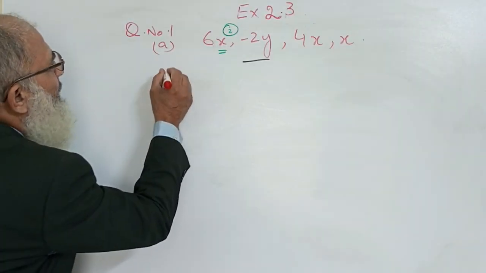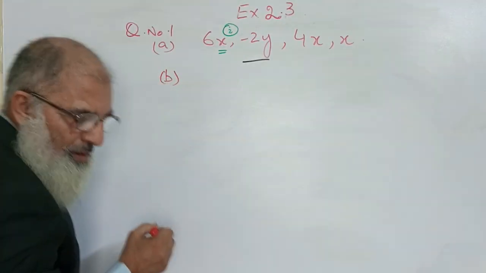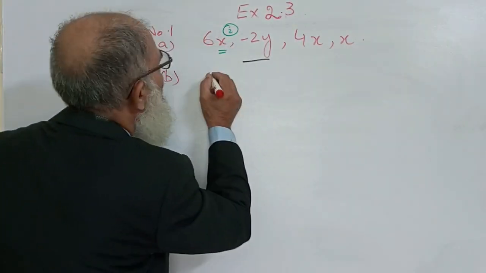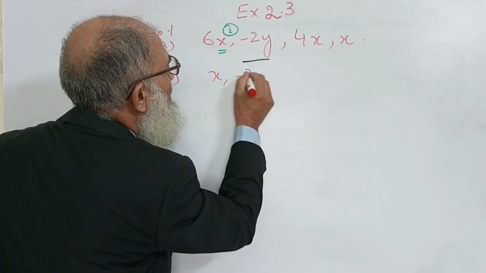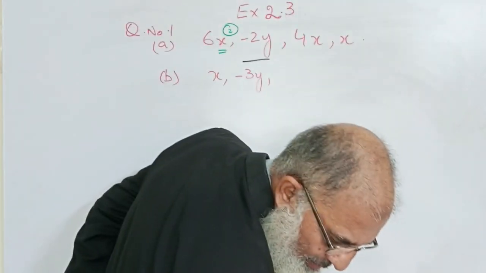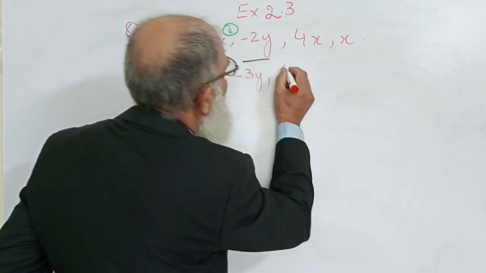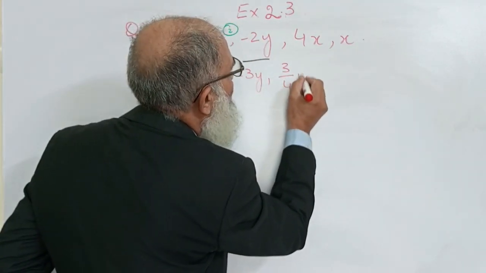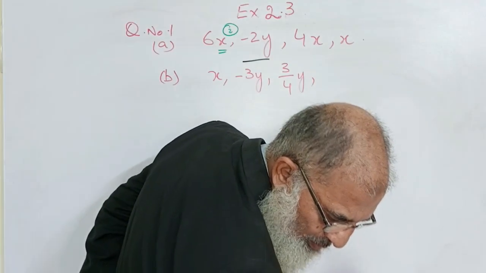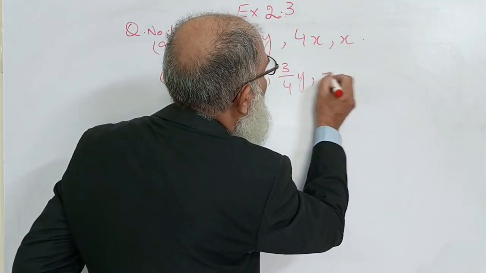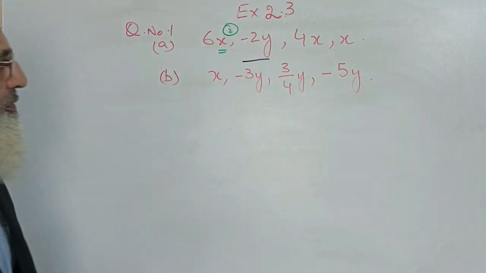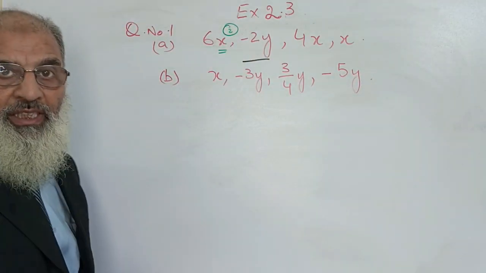Part B of the same is x, minus 3y, 3 by 4y, and then again minus 5y. Now, what are the two things we have to see?